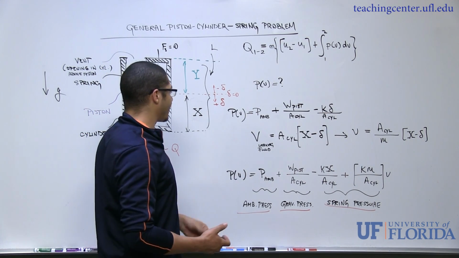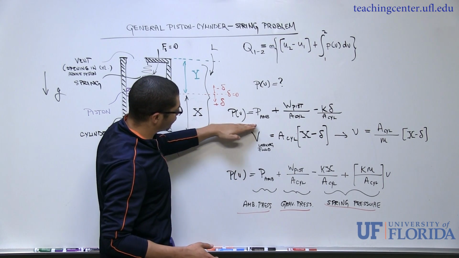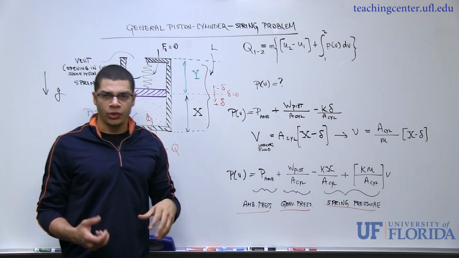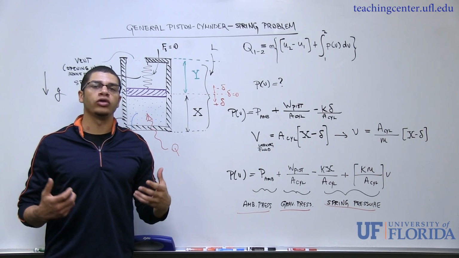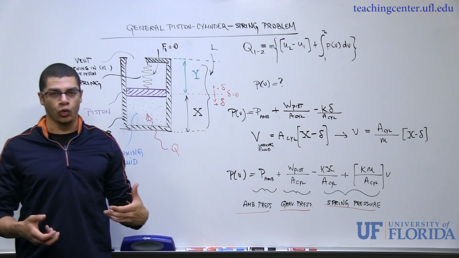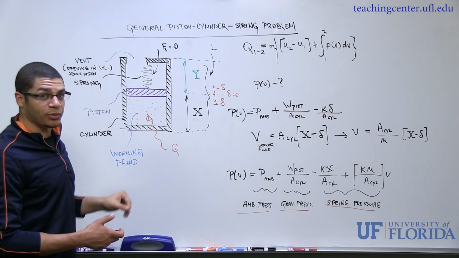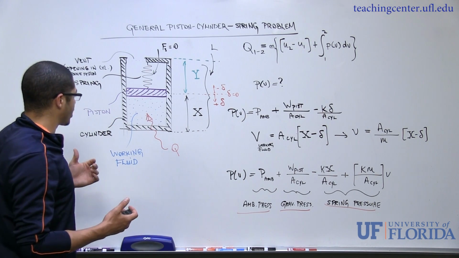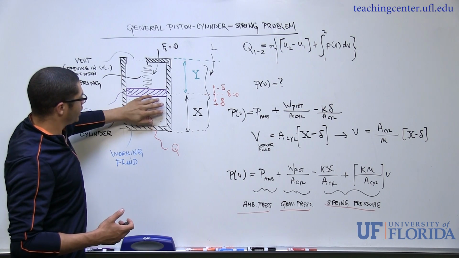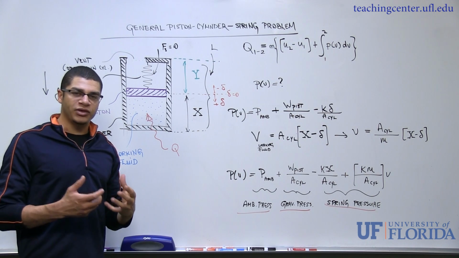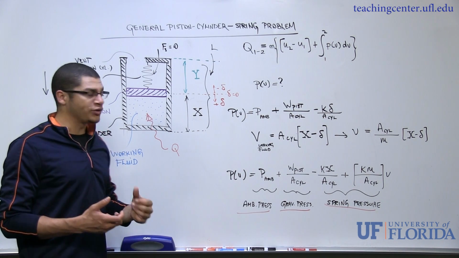with respect to V. And I've written out an expression for P of V, which really is derived from considering all of the forces that are acting on the working fluid. Now if we go back to our diagram here, and this is a bit of a recap from the initial problem statement. Here's the working fluid in the bottom chamber, and we've got three different forces that are acting on this fluid.